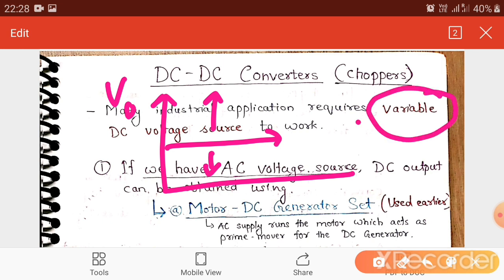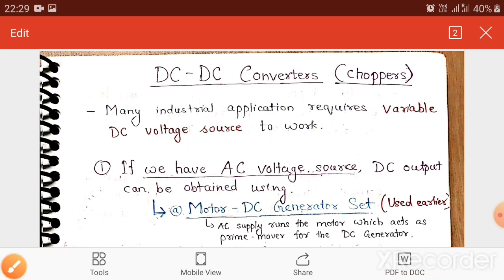Now this kind of variable DC supply is needed for many industrial applications. We can obtain this variable DC voltage supply using different methods. Let's see what the methods are, and using choppers is one of them.